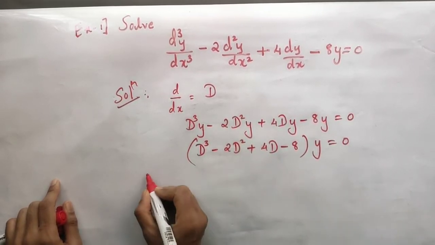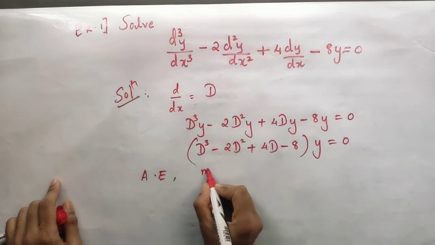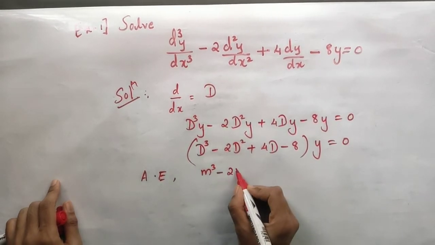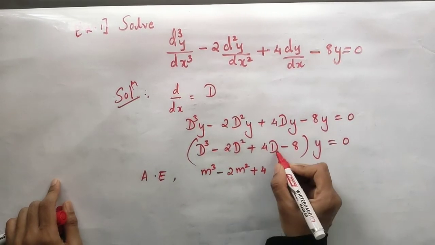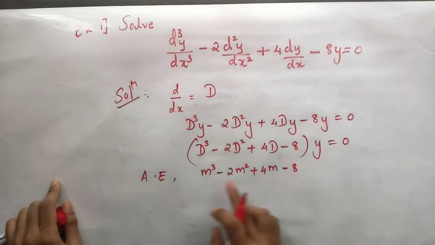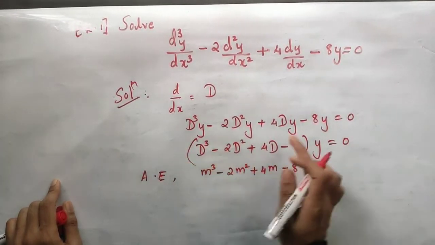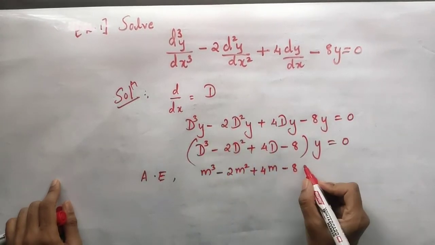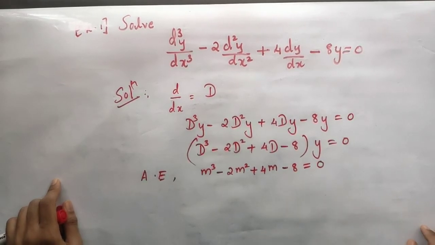So the auxiliary equation AE is m cube, because it is d cube here, minus 2 m square, plus 4 m, minus 8, equal to 0. No need to write y. Just consider the bracket, replace every d by m and equate it to 0. This is the step of writing the auxiliary equation.